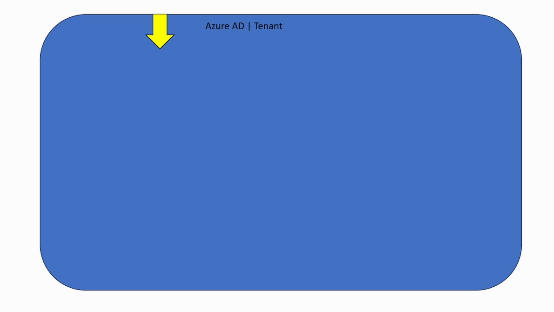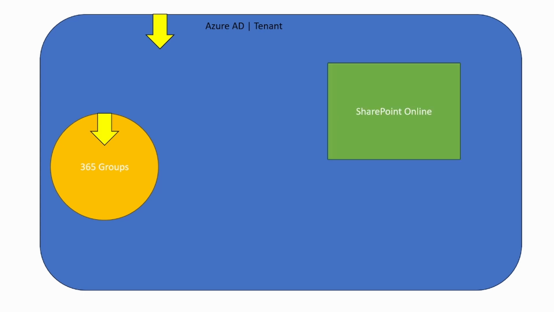Now next, for Microsoft Teams, it is important that you also configure guest access inside Microsoft 365 groups. Simple question: do you allow guest access to be a part of your 365 groups or not? Let's say yes. So these are two areas that we configure. The third, obviously, SharePoint Online for our files.